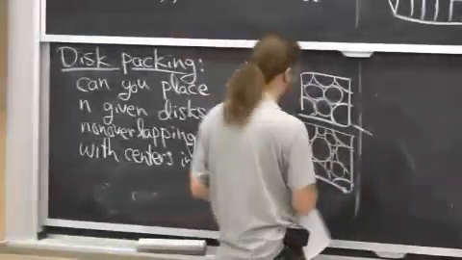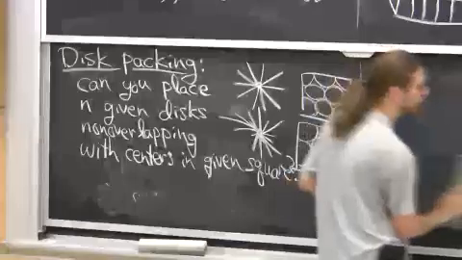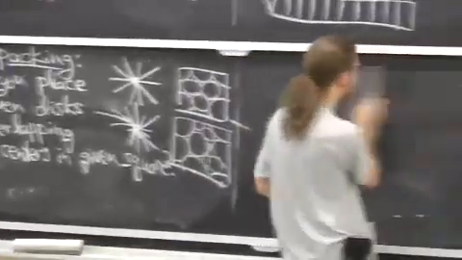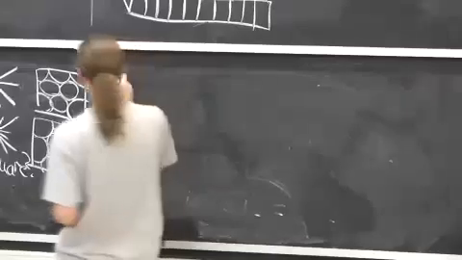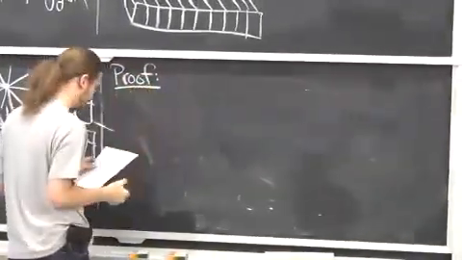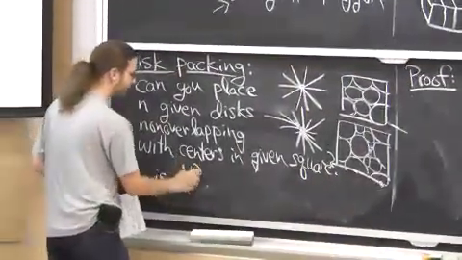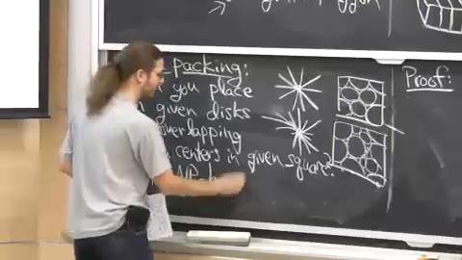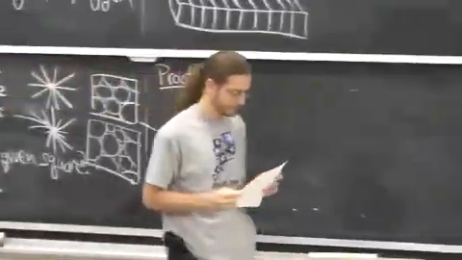There's one in the same paper, but it's still unresolved how close to optimal you can get. All right, but I want to focus here on the NP-hardness. So I should say this problem is NP-hard. So we're going to prove that.